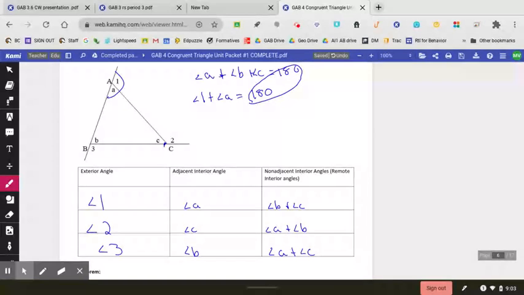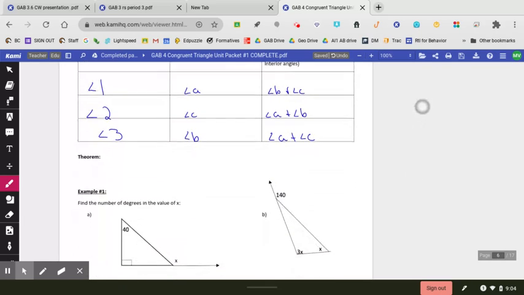If they both equal 180, I can say they equal each other. So angle 1 plus angle A equals B plus angle C plus A. I left off the A. Now I'm going to subtract angle A from both sides because angle A would be a number, it's a measurement. And what I get is angle 1 is equal to angle B plus angle C. And in fact, if I do that for any of the exterior angles, it will always be true.